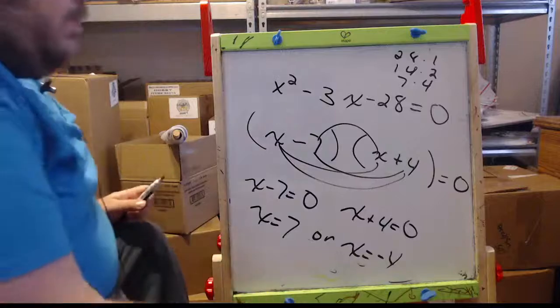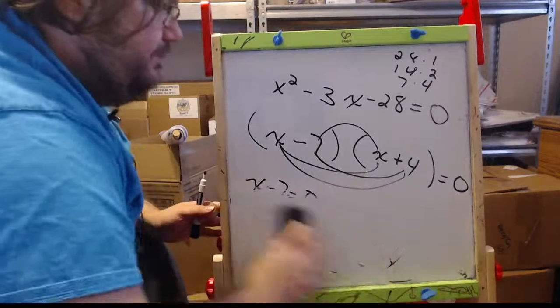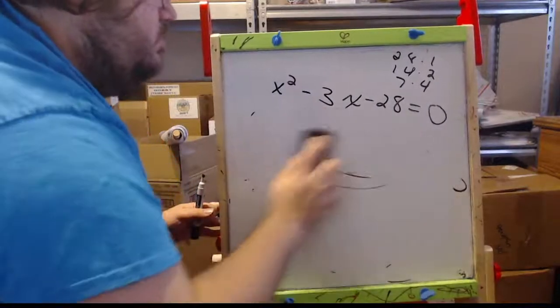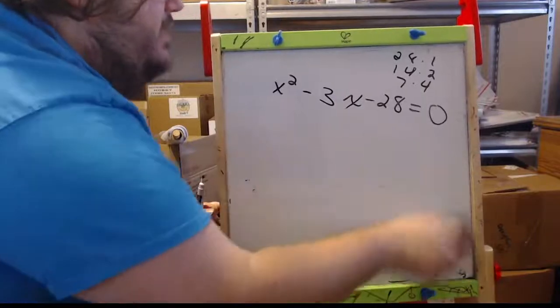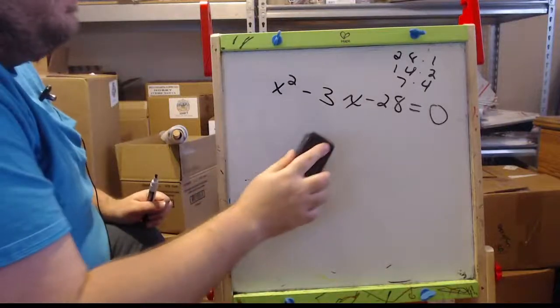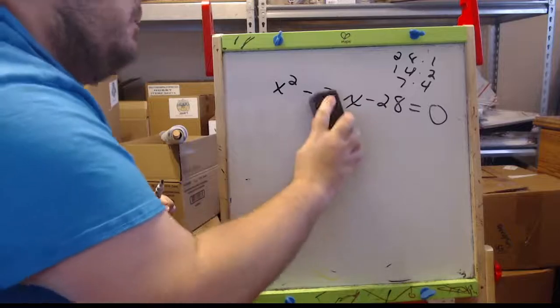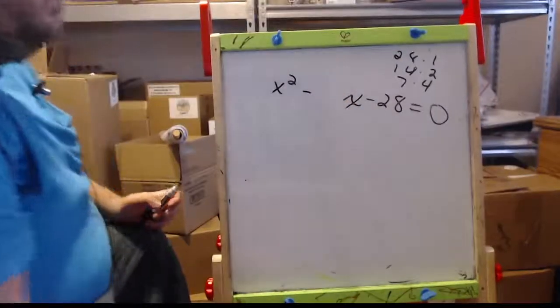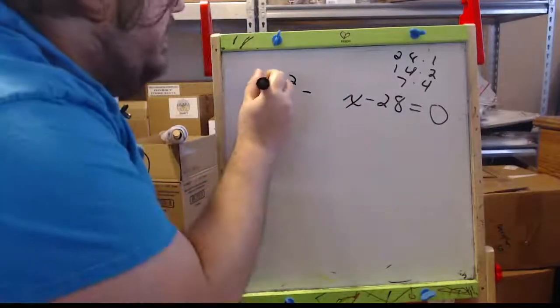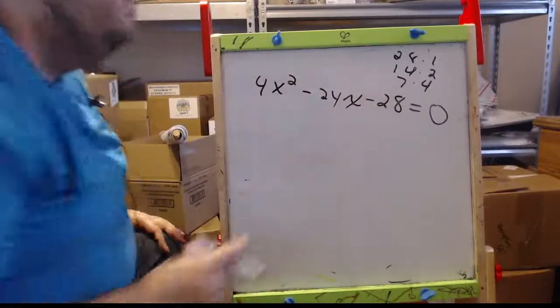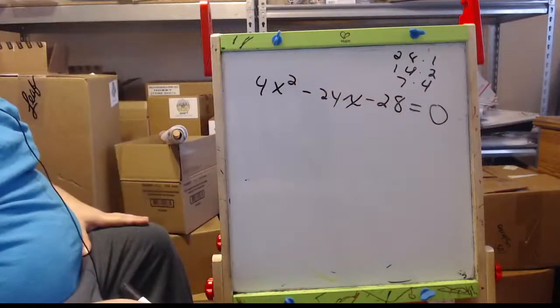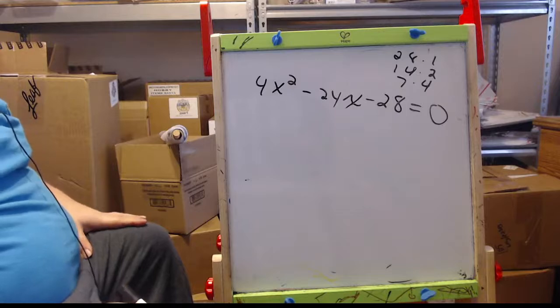Okay. Now if we go back to the original one, that makes it a little bit more challenging, but it's still the same process. It was 4x squared and 24. Now you got to look at it 2 ways. Okay.